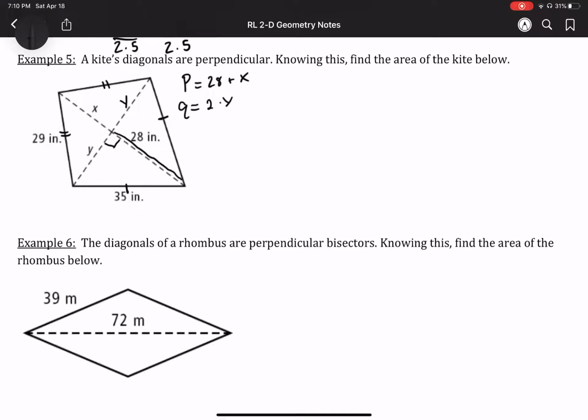All right, we're going to go ahead and start by finding Y. We have this 35 inches that was pre-marked, the 28 inches, and then this side Y in this right triangle.